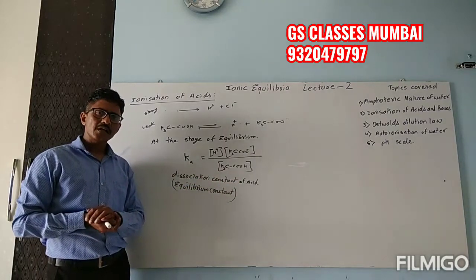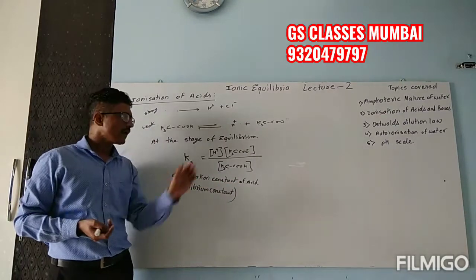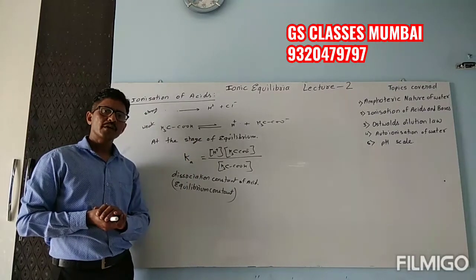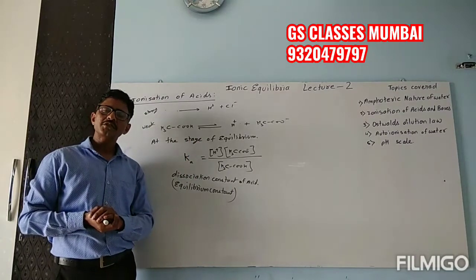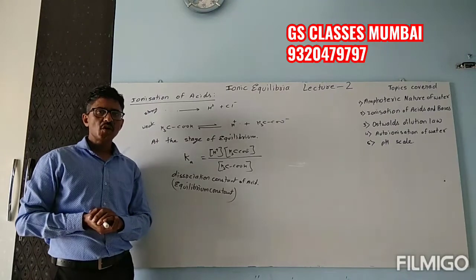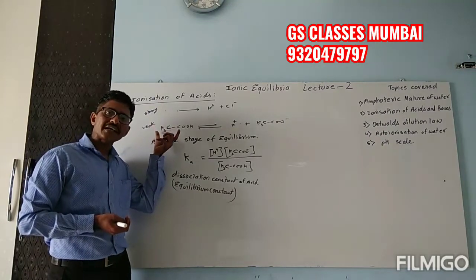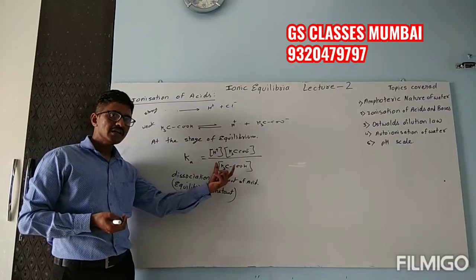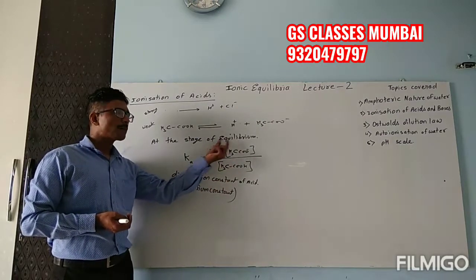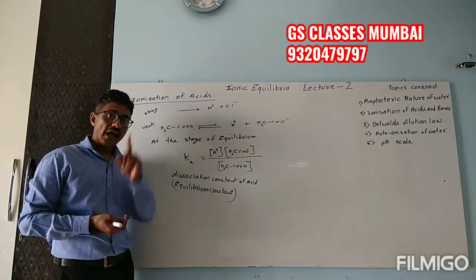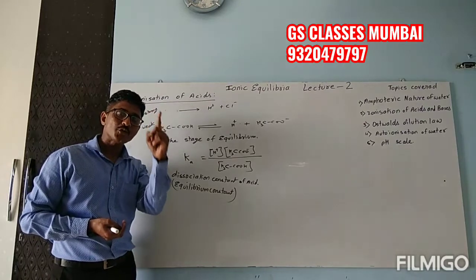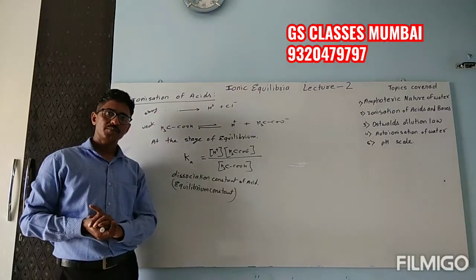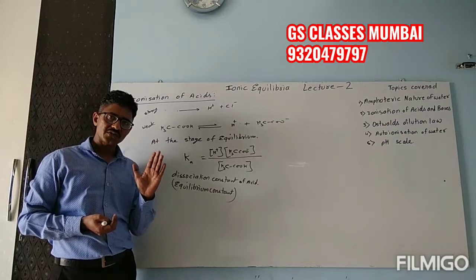Dissociation constant of acid is simply a ratio. Ratio of what? Ratio of the concentrations. Concentration of the reactant, concentration of the products at the stage of equilibrium. Not any other concentrations.